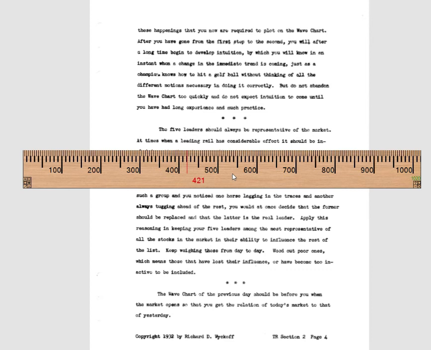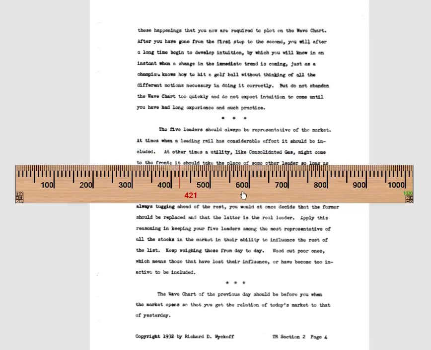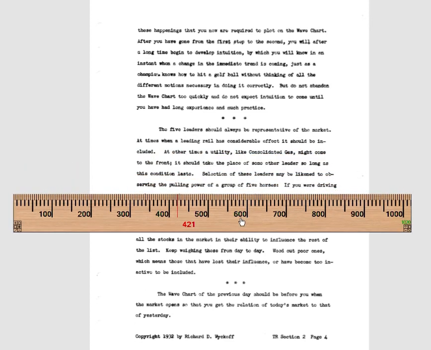Alright, good. This is important. Selection of these leaders. If you are developing the wave chart with leaders, he gives an example of how to select them. You select them by comparing them to the pulling power of 5 horses, meaning a group of horses.